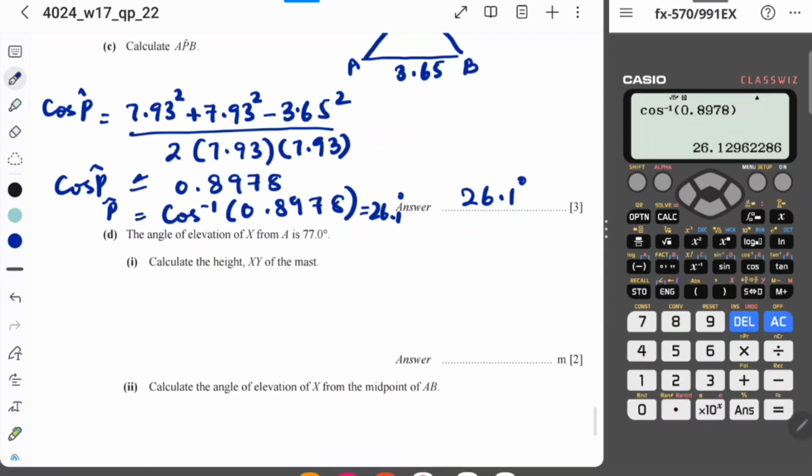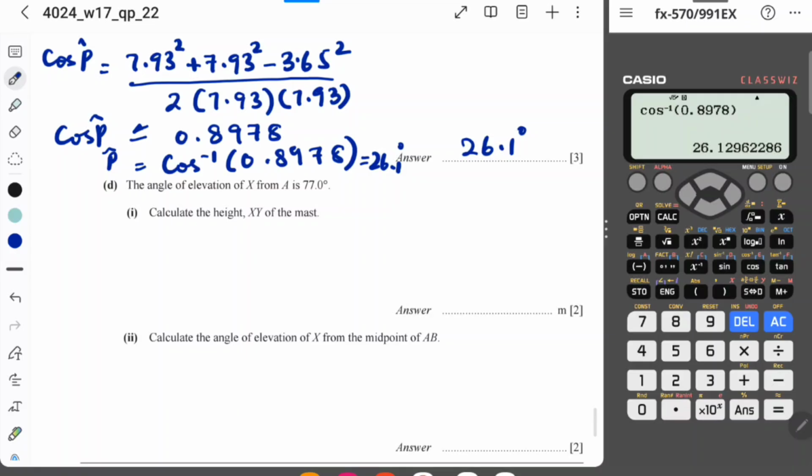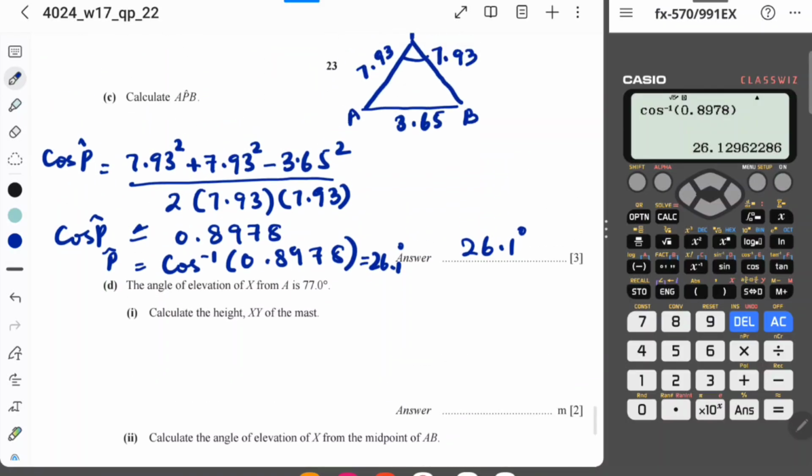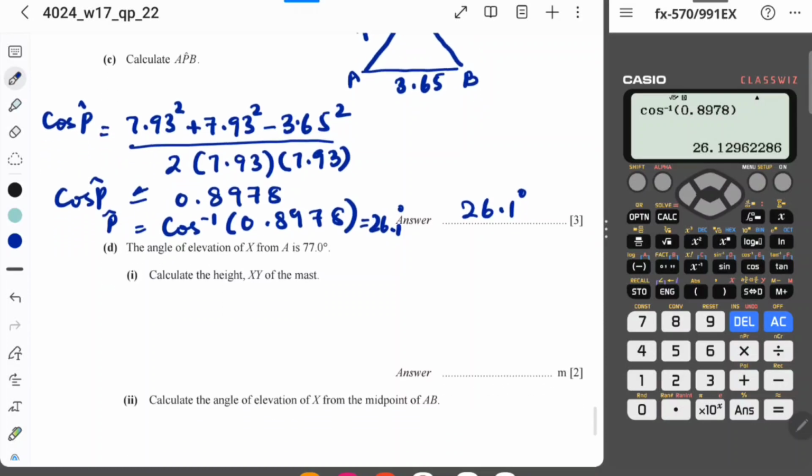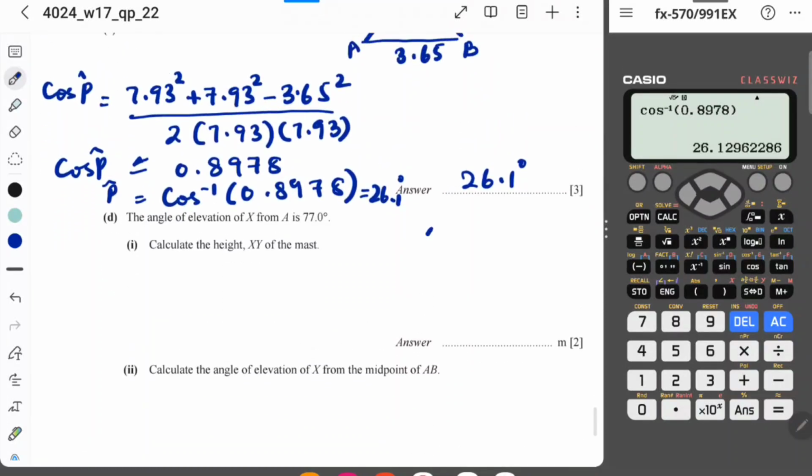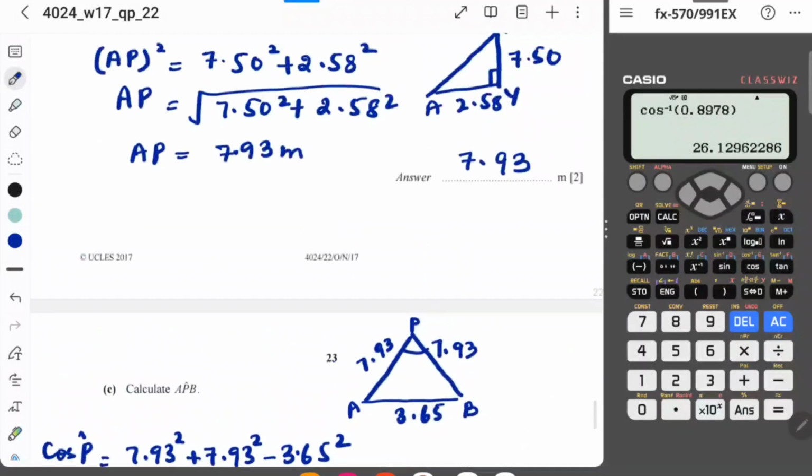The next part, D: the angle of elevation of X from A is 77.0 degrees. Calculate the height XY of the mast. Go back to the diagram. X from A means that from A till X it is 77 degrees. We write the angle of elevation like this.